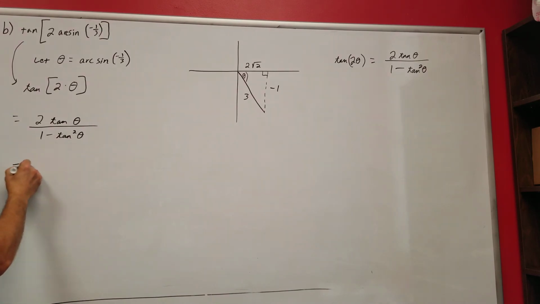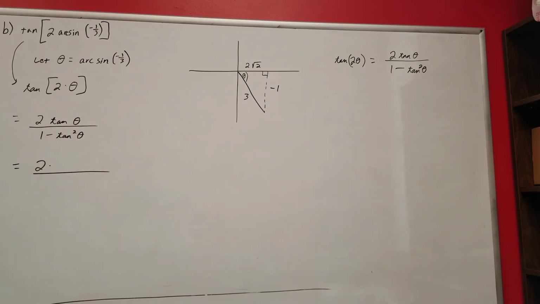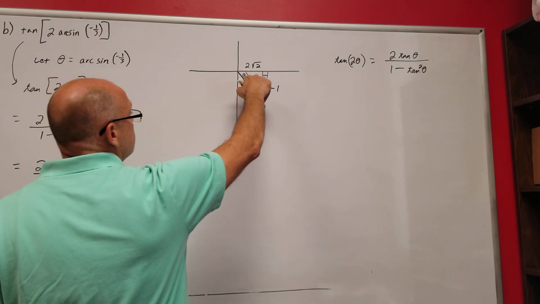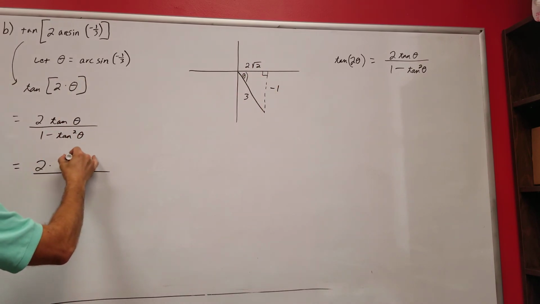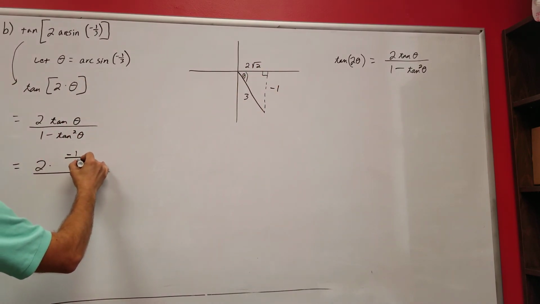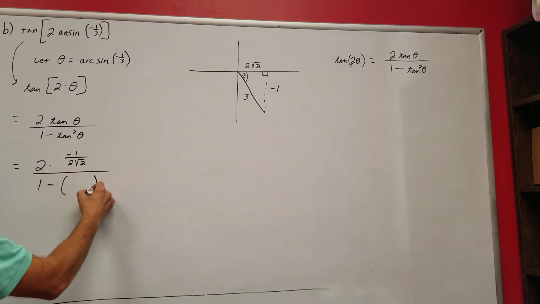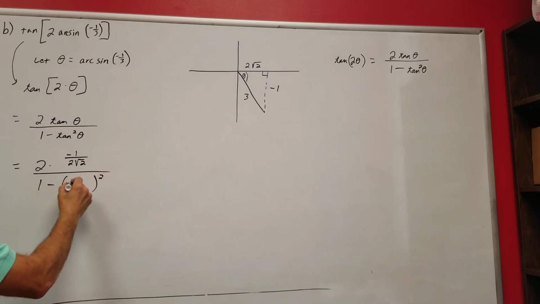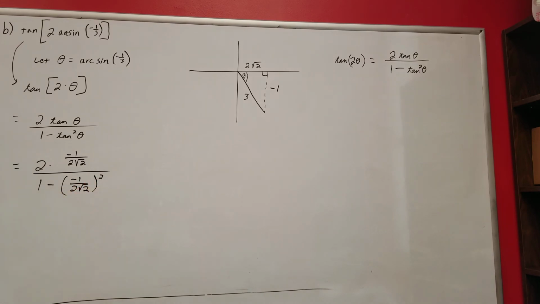Now, let's fill in. We have 2 times tangent of theta. What's my tangent of theta? It's negative 1 over 2 square roots of 2. Over 1 minus tangent of theta squared. Well, we just said tangent of theta was negative 1 over 2 square roots of 2, so let's take that and square it down.